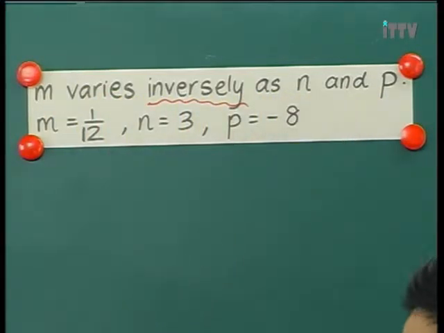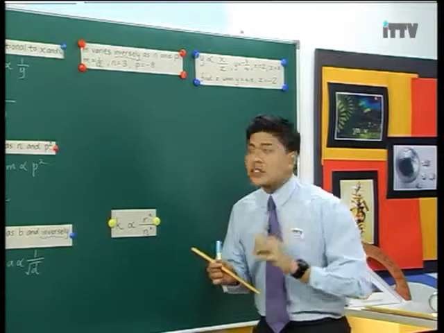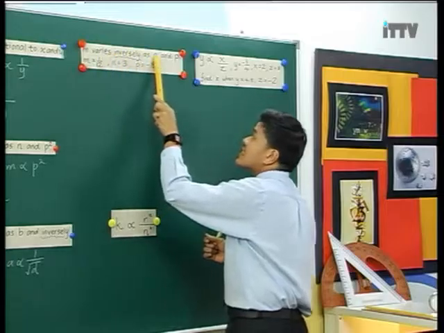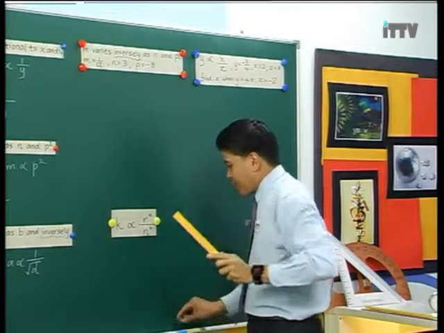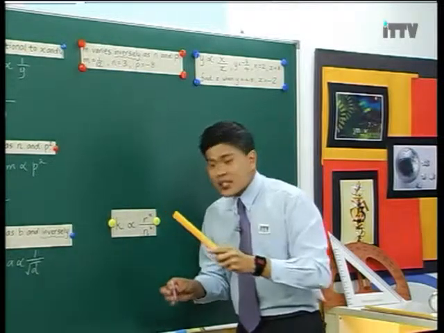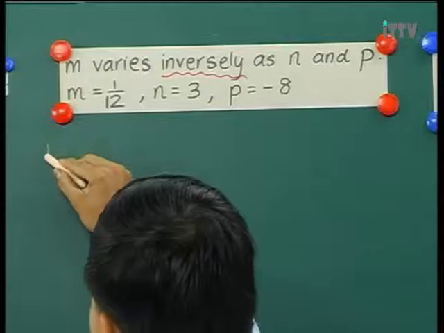So what do we have here? How many variations, and what kind? There are two inverse variations. Firstly, M varies inversely as N. Secondly, M varies inversely as P. Before we can actually solve the question, we must write that down first, because it is not given to us.